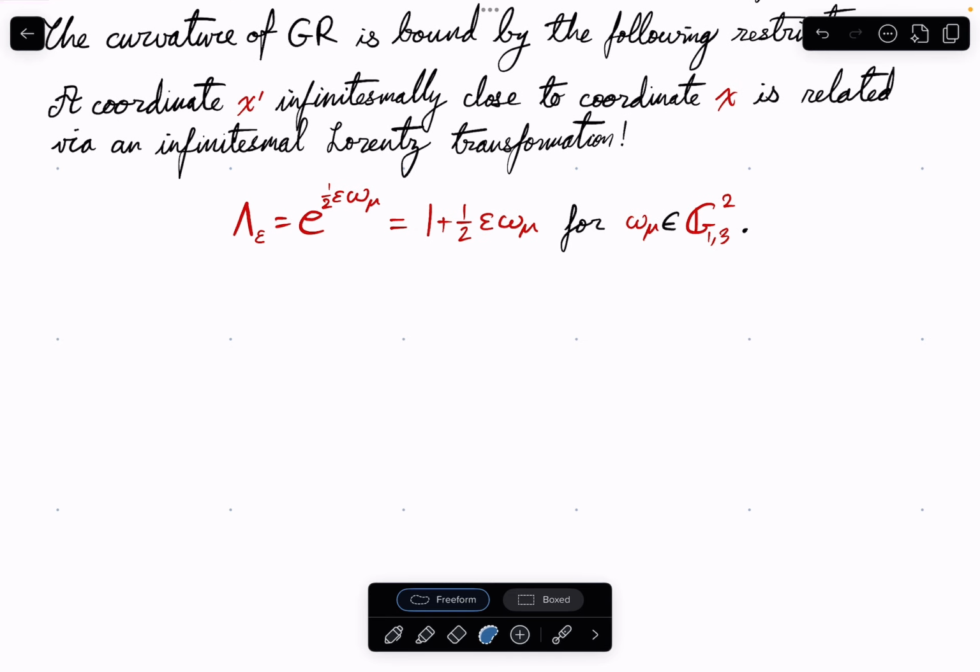Now we're going to relate the tetrads of these two coordinates.